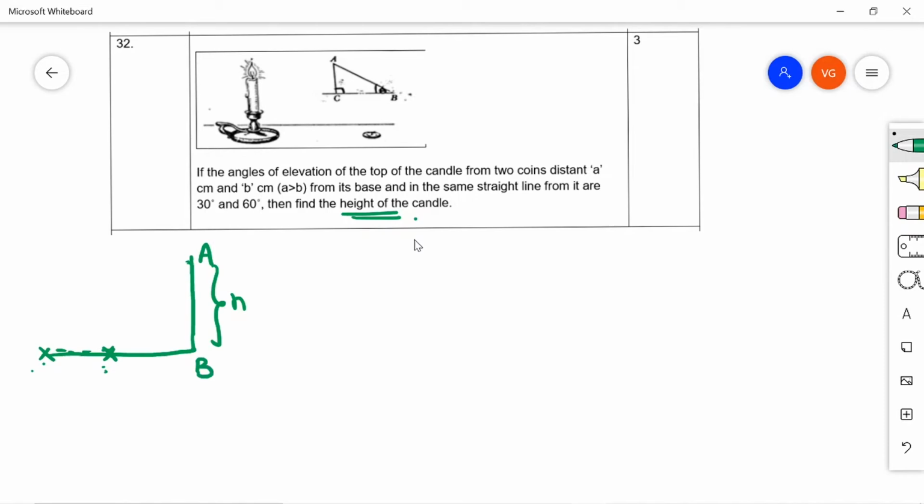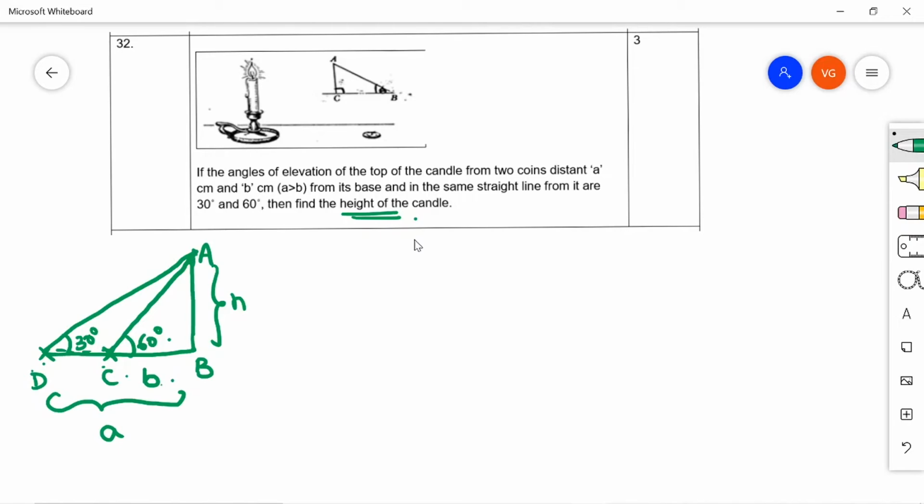Let us take this as C here and D here. So the two coins are at 30 degrees and 60 degrees. Here it is 30 degrees and here it is 60 degrees, the angles of elevation of the 2 coins. As they are giving a is greater than b, let us say DB is equal to a and BC is equal to b.